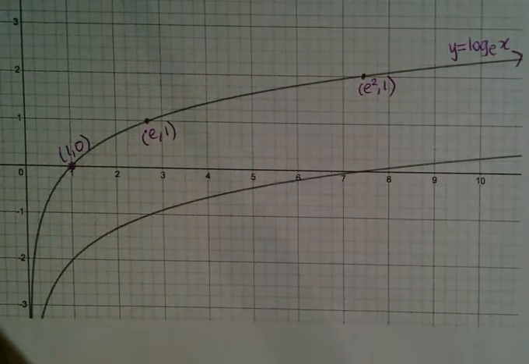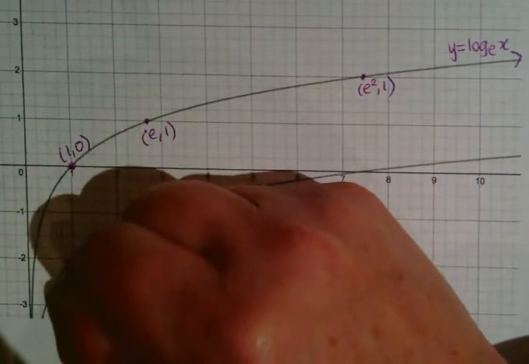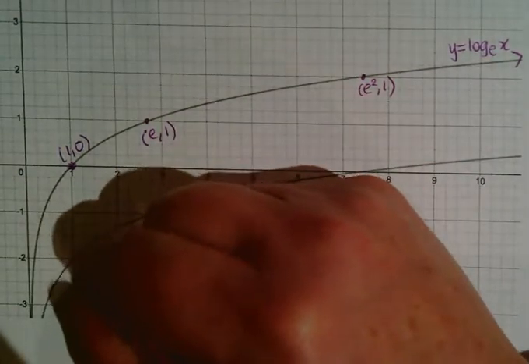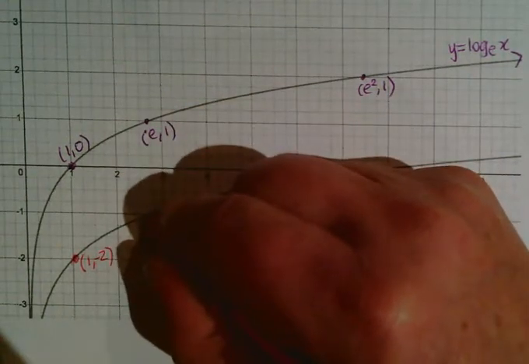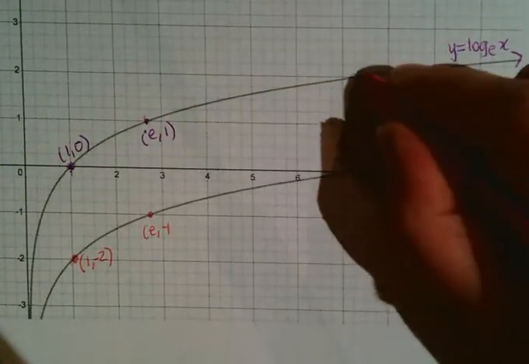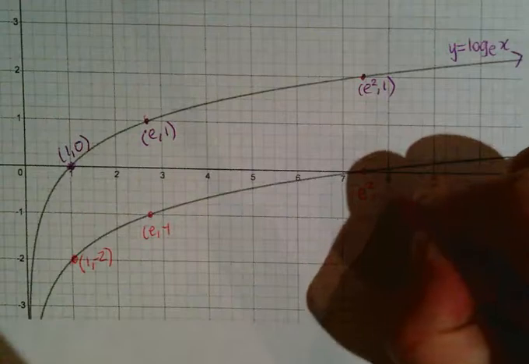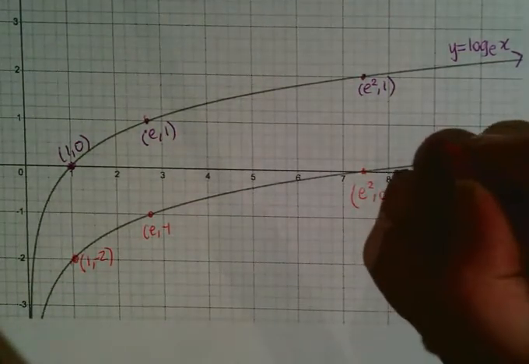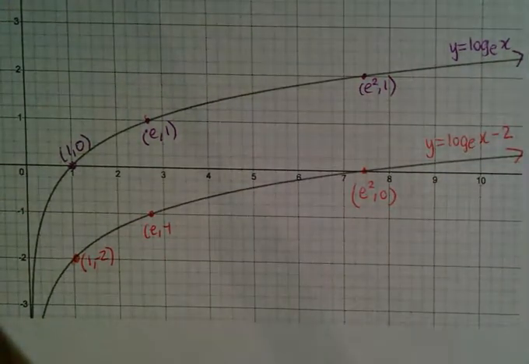And your other curve underneath, perhaps in a different color, you've got there, you've got 1, -2. You've got e, -1. Notice everything's been shifted down 2 units. And here you would have e squared, 0. Okay, and this other curve is y equals log to the base e of x minus 2.